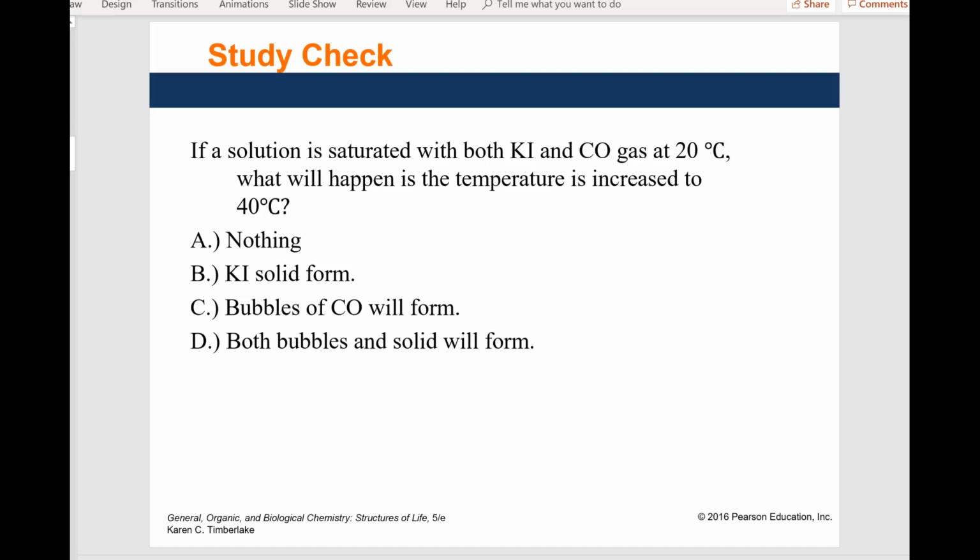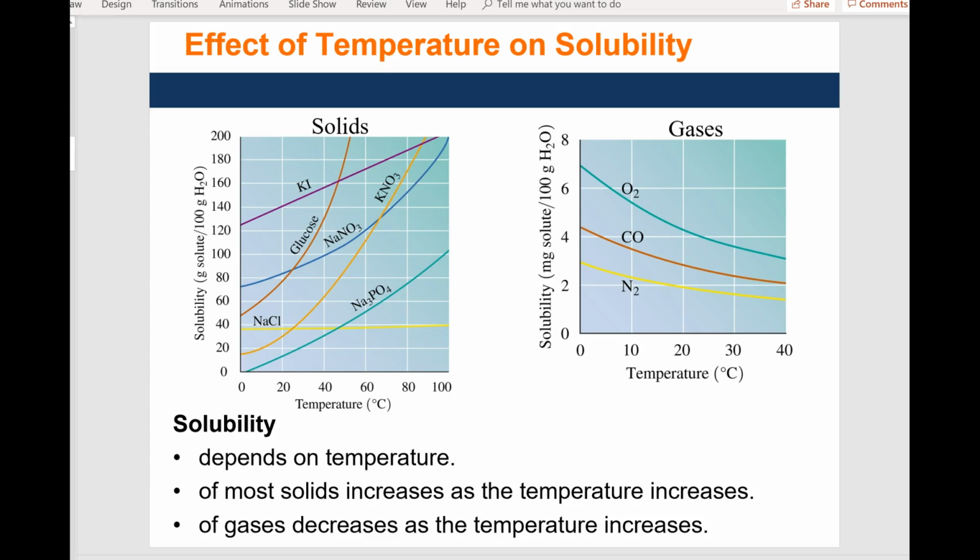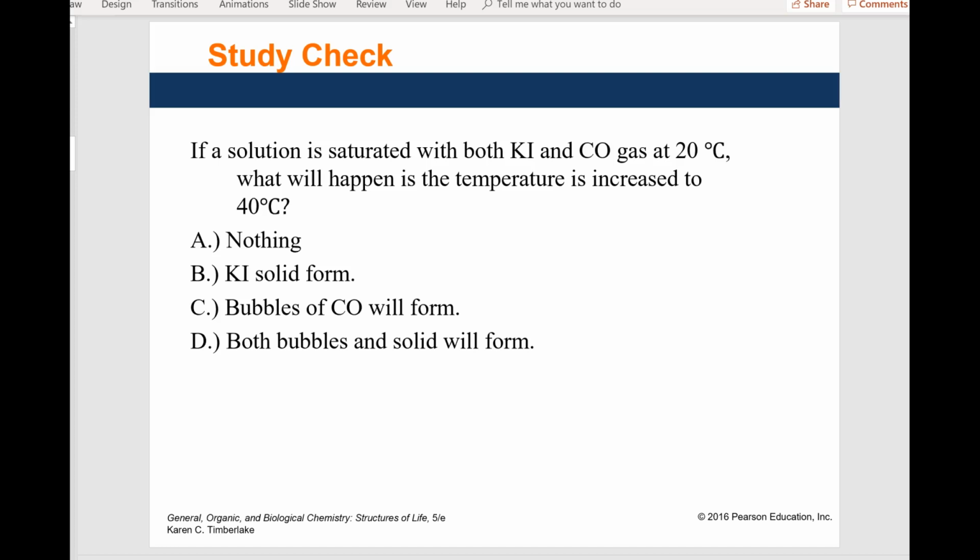So we're increasing temperature. Which one of them, so the solid or the gas, is going to have a decrease in solubility? The gas. So what are we going to see? What do you see in your soda?